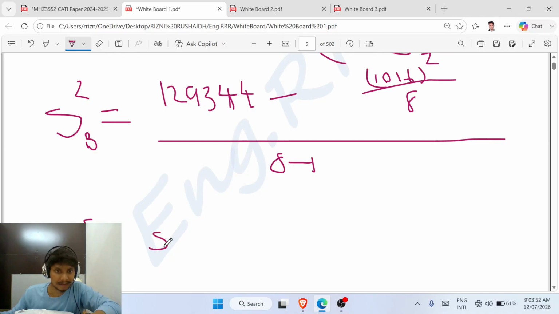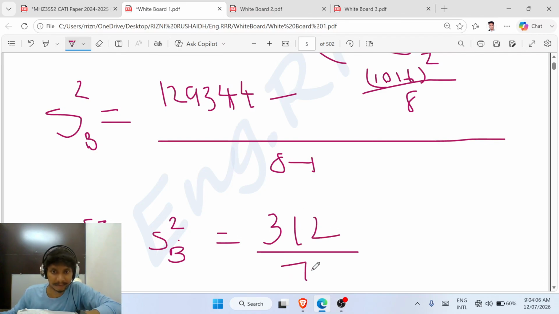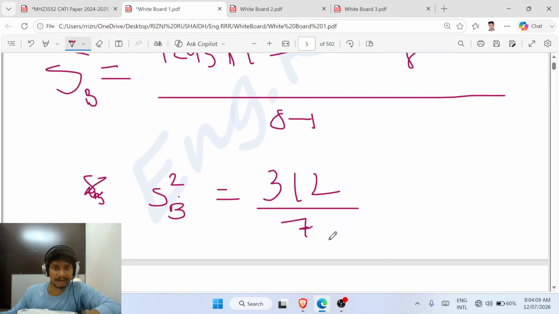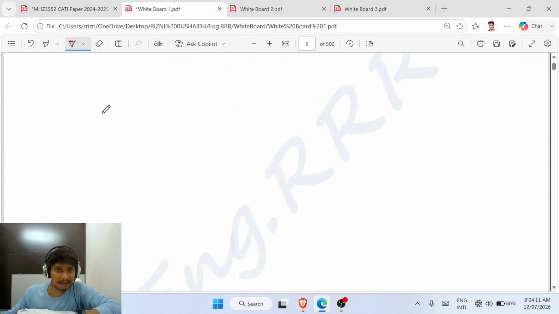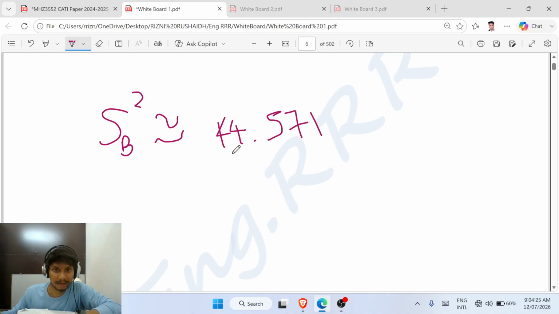S B square is equal to 312 divided by 7, which is approximately 44.571 hours square.